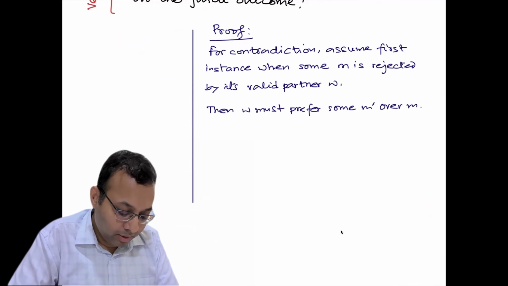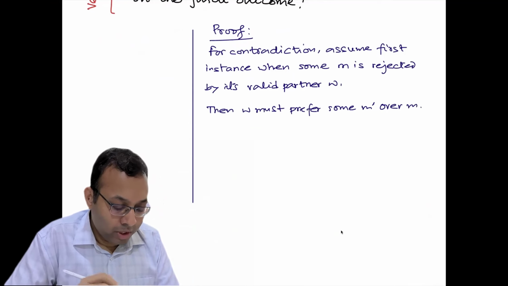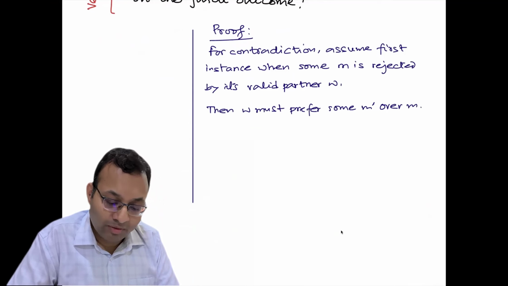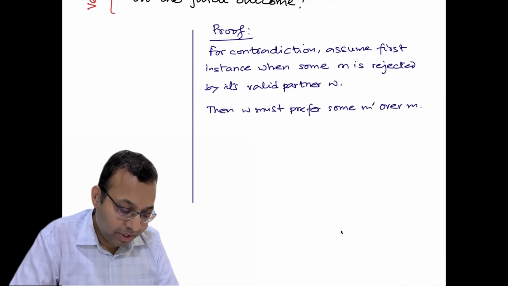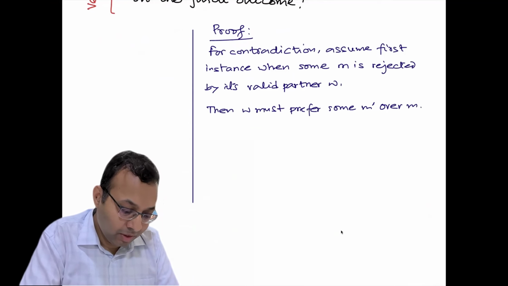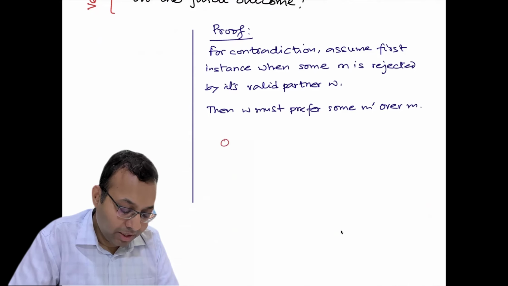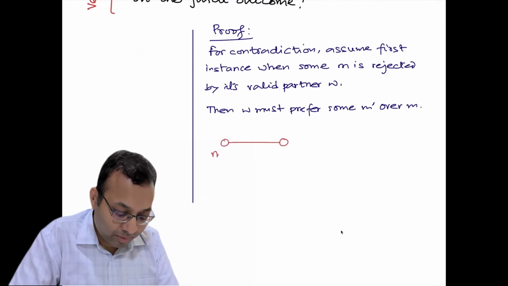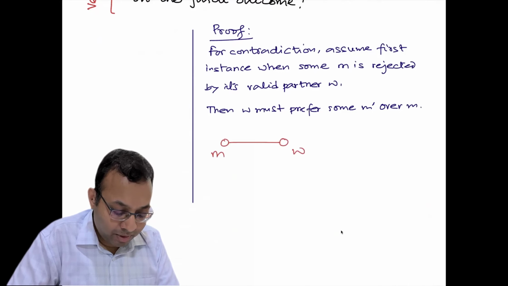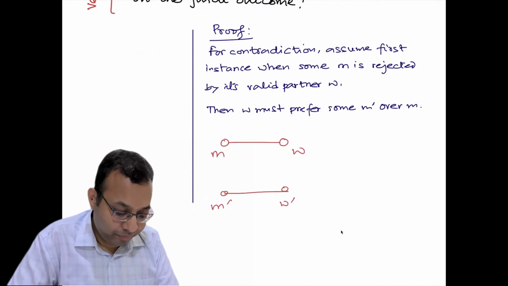Now let's look at M, W, and M prime. As W was a valid partner, that means there is some stable matching where M is matched with W, and in that matching, M prime was matched with W prime.